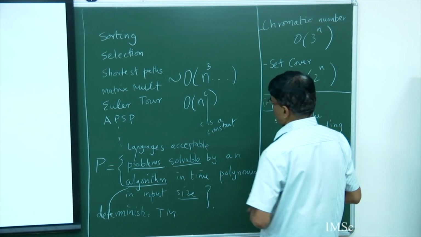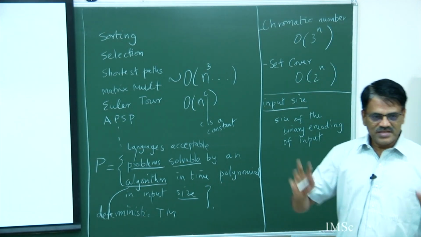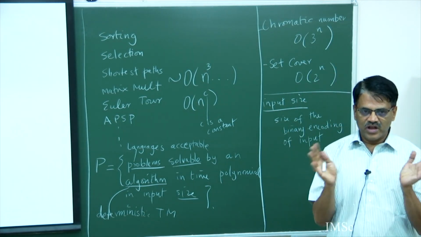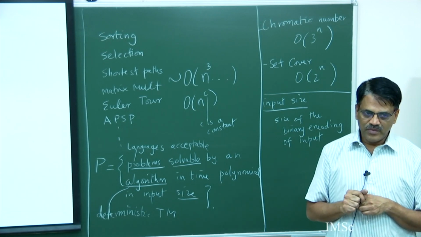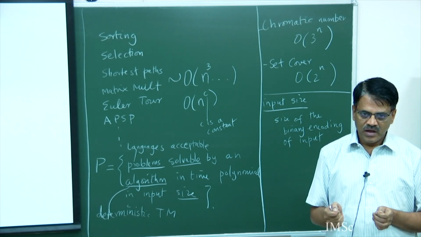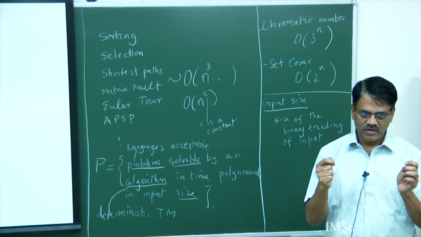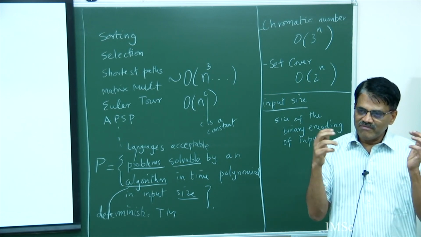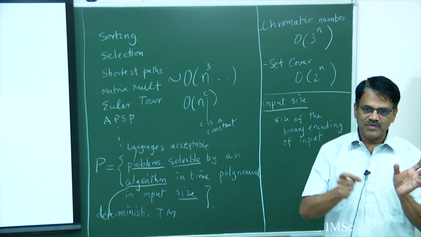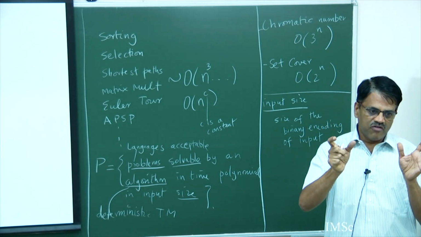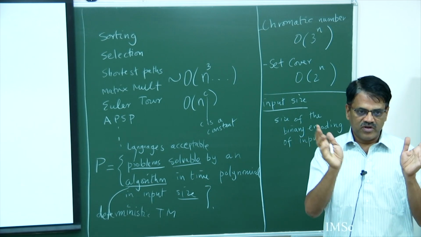So if I am talking about a graph problem, an adjacency matrix gives you an input size of n square. That's pretty reasonable. If I am talking about the sorting problem, what is the input size? We have been informally using n as the input size, but it is more precisely n times log of the maximum size of the input or something like that.